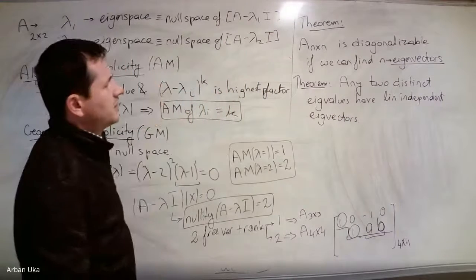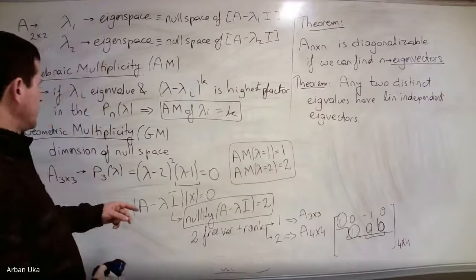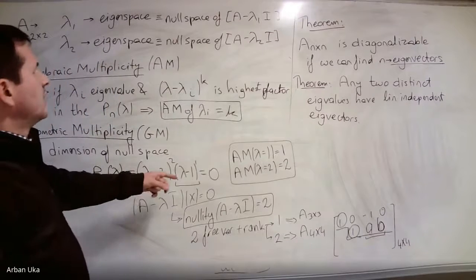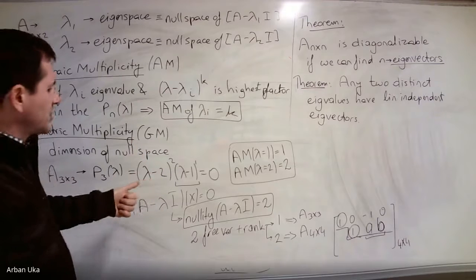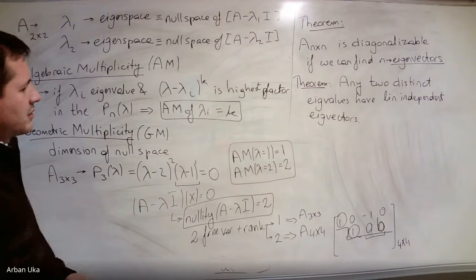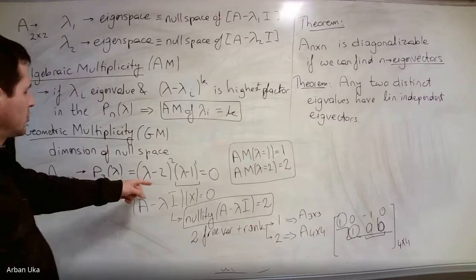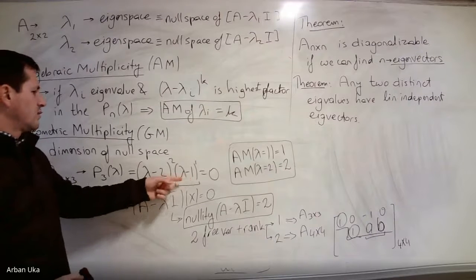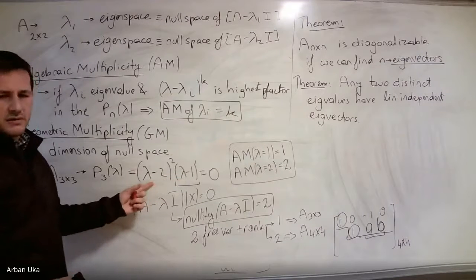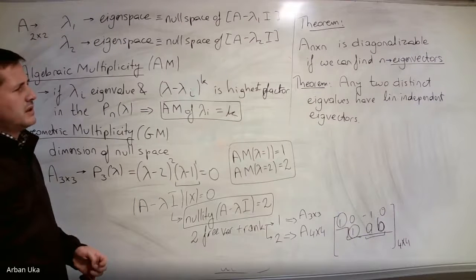Okay, this is also very important because in the examples we solved in the previous session, we noticed that we had different eigenvalues and the eigenvectors were linearly independent. Also in here, if we have a situation where lambda 1 is one eigenvalue and lambda 2 is another eigenvalue, that means that the corresponding eigenvectors will be linearly independent.